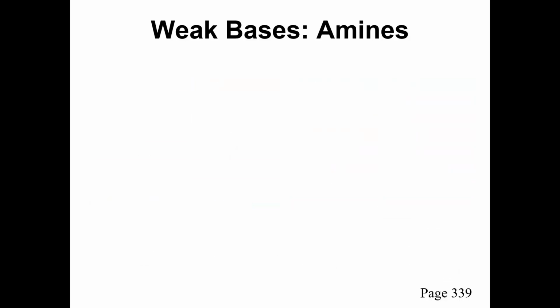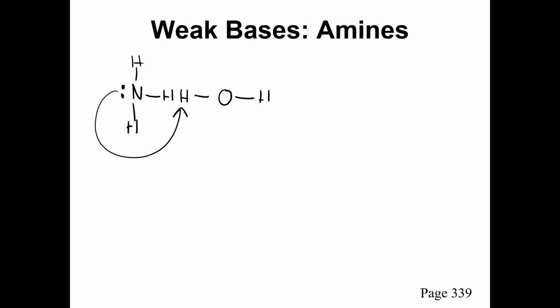Now let's look at that a little bit more closely. What we have is a nitrogen. If you draw the Lewis structure for ammonia, you'll have a lone pair here. And what happens is it will actually take that proton and rip it off.